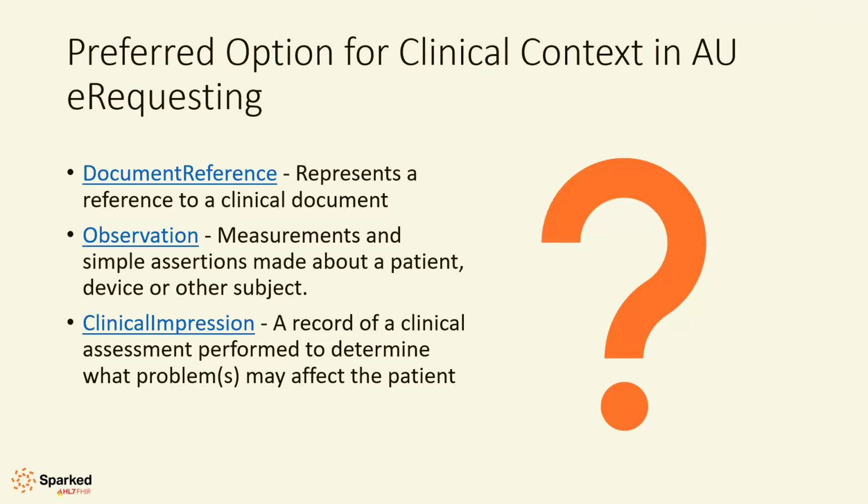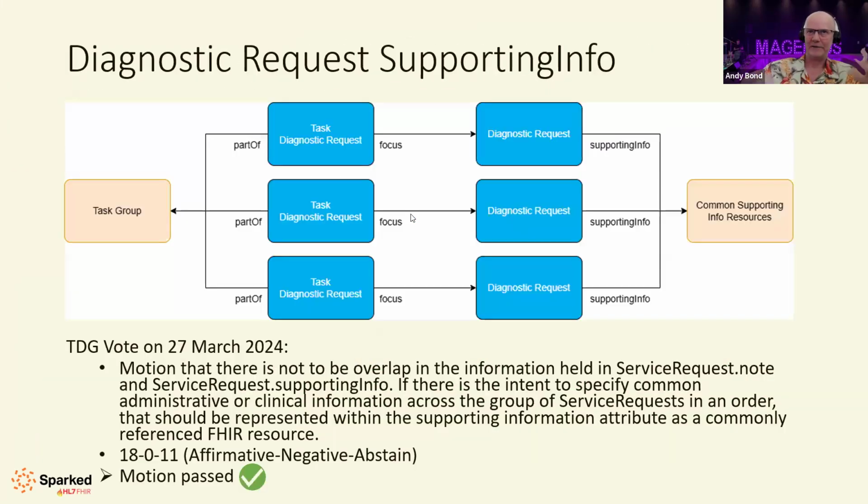Right. So why would you do that as opposed to clinical note, putting all this information in clinical note? That's exactly what we're talking about. This all goes in supporting information in a service request. Some of that supporting information is a list of n things, which is in effect unbound.